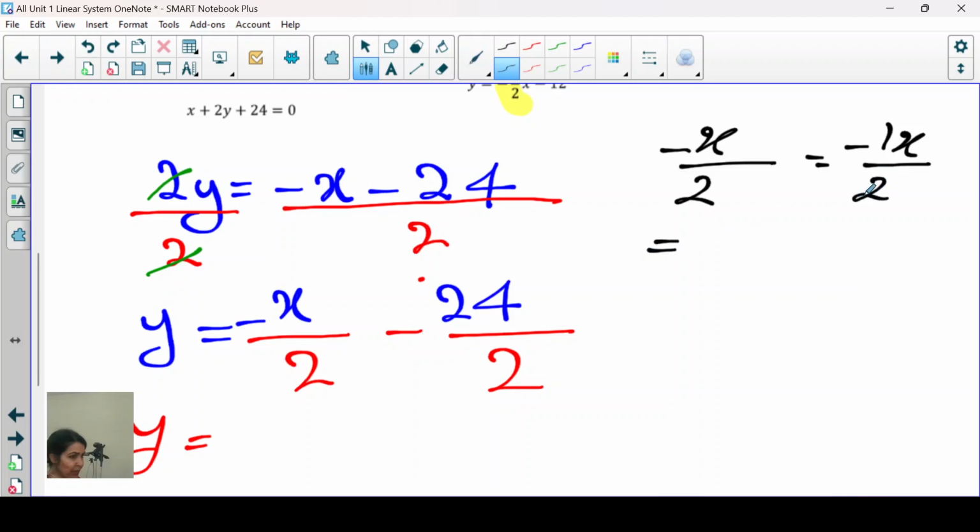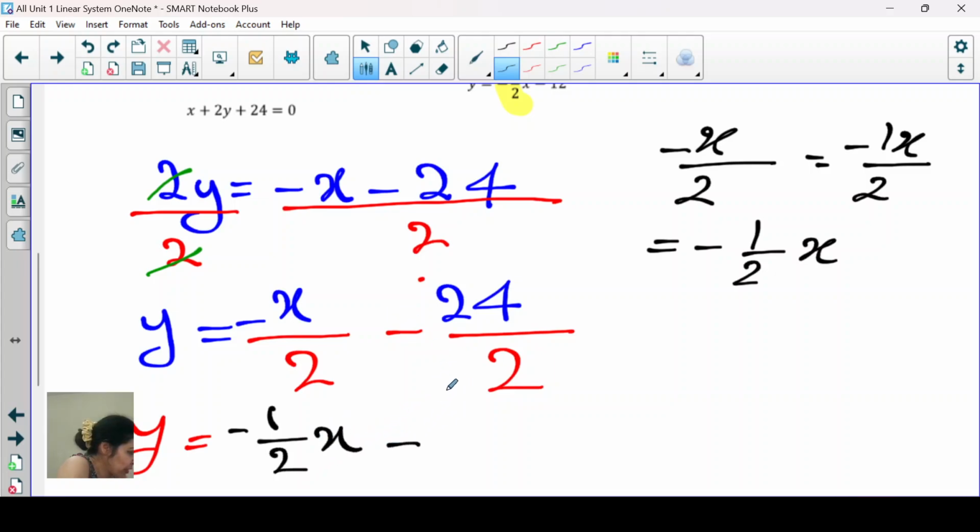You can bring x out, negative 1 over 2 x. So this one is equal to negative 1 over 2 x minus 24 divided by 2 is 12.